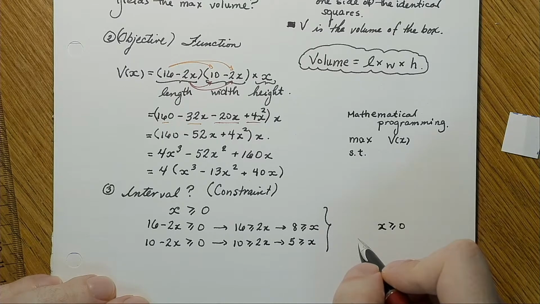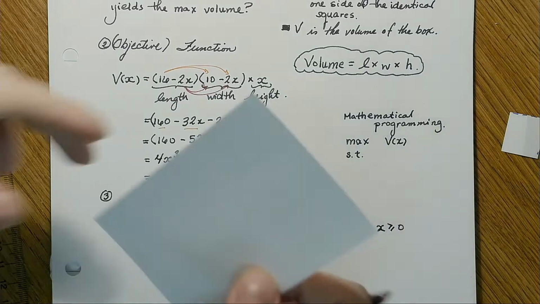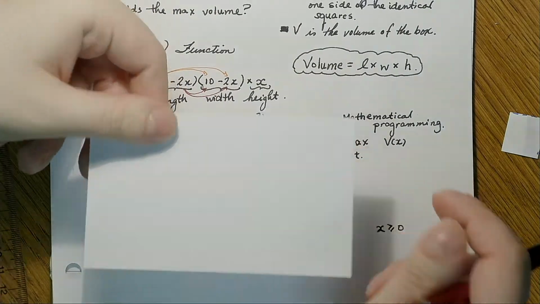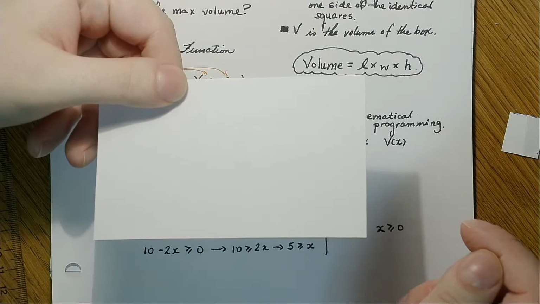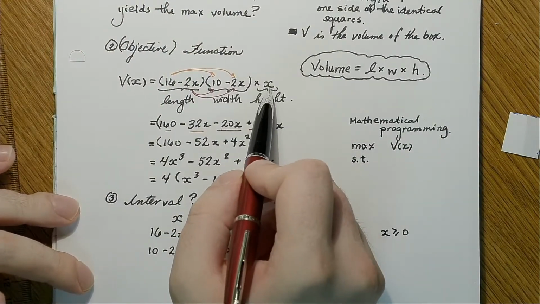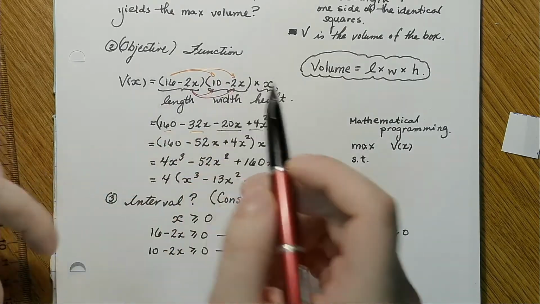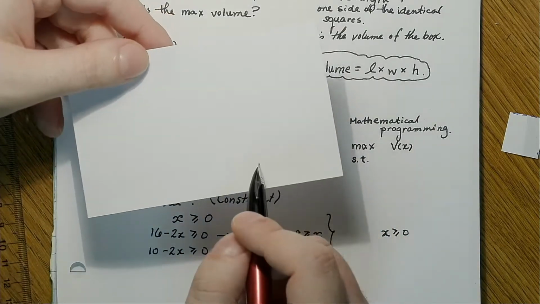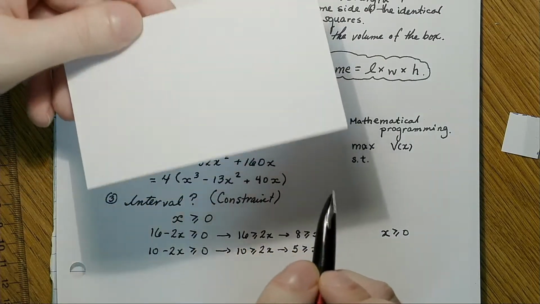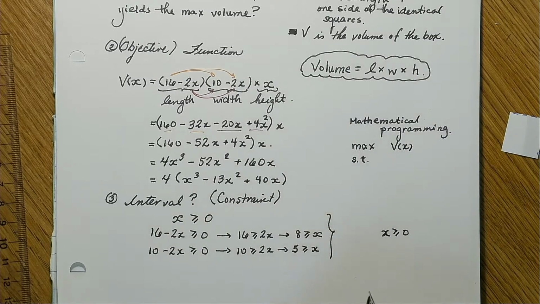Why can x equal 0? Well, it's possible. It is allowed if I let this be 0. But basically if I do that, then this is 0, which means that this whole volume is 0. So it's not going to be a good solution, but it is allowed. If you really wanted to, you could make this greater than 0 to eliminate that.